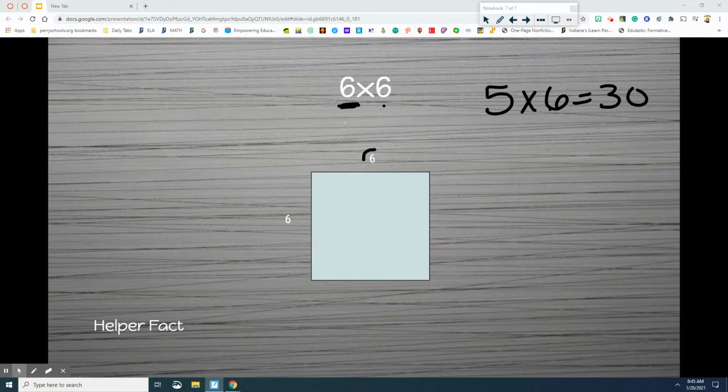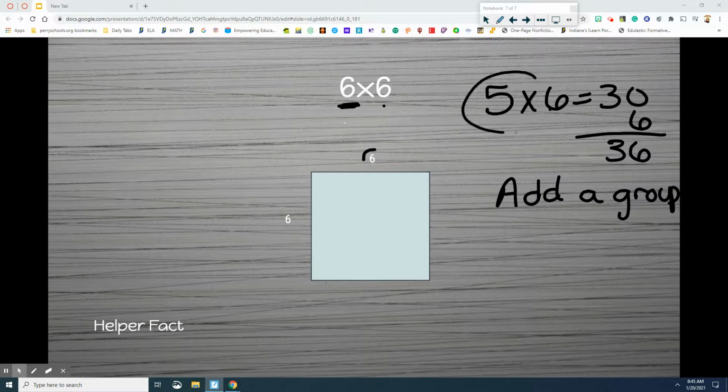So I have to add another group of 6 to my 30 to get 36. This is add a group strategy. Now, my helper fact that I use is this one right here. I didn't know 6 times 6, but I used another fact to help me. So my helper fact becomes 5 times 6 equals 30.